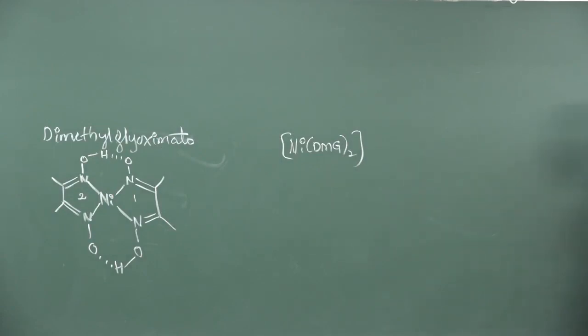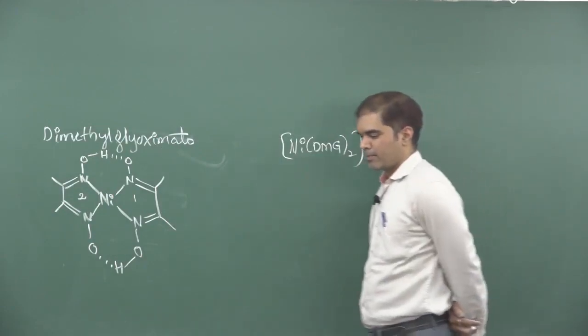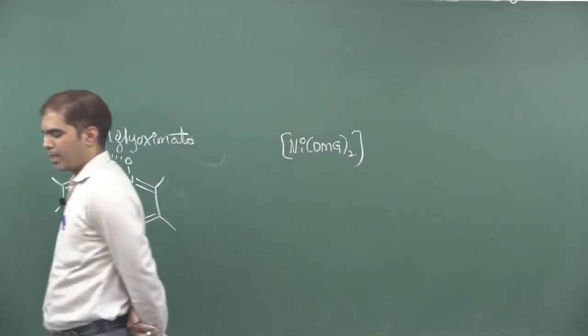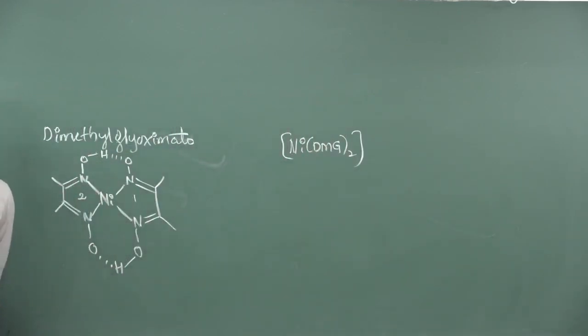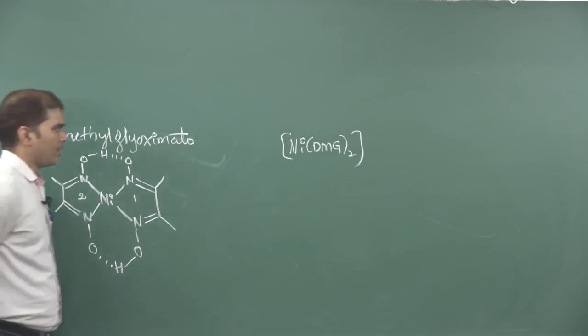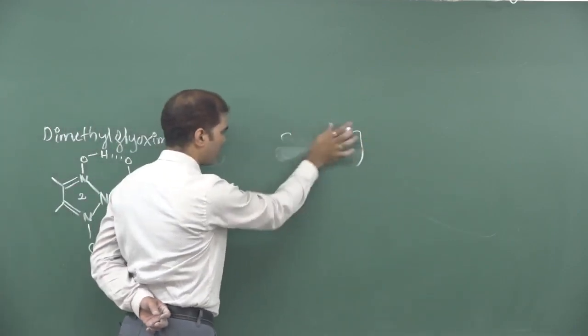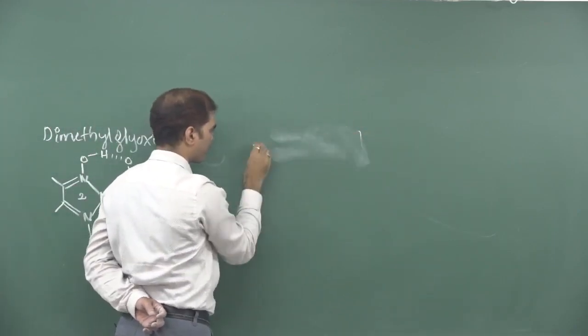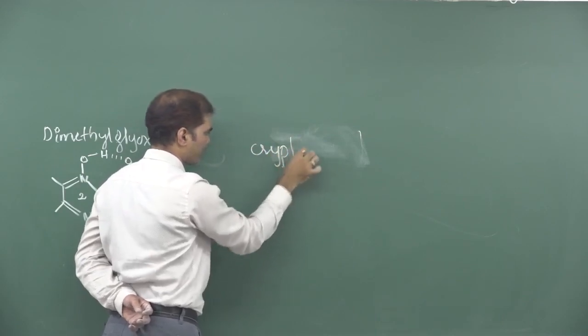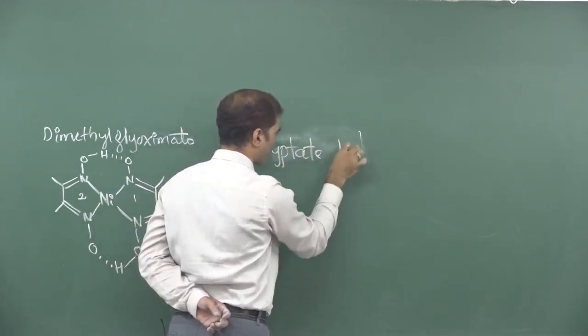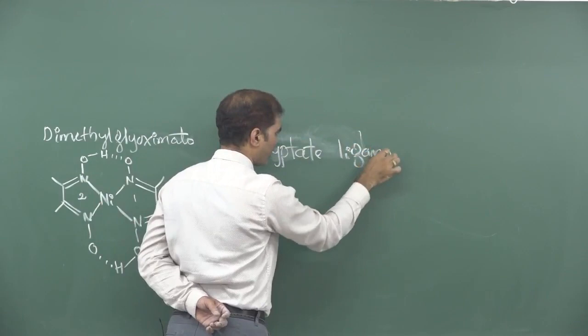Okay, write down the last ligand now. Ambidentate, flexidentate, chelate ligand, macrocyclic ligand. The last type is cryptate ligand.